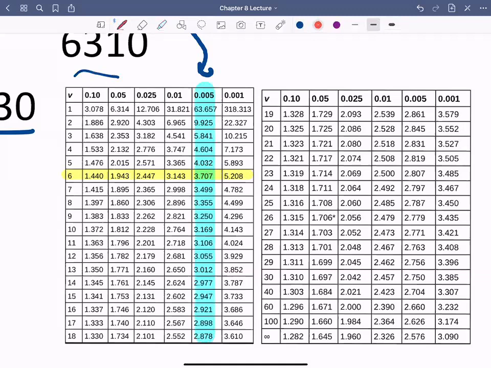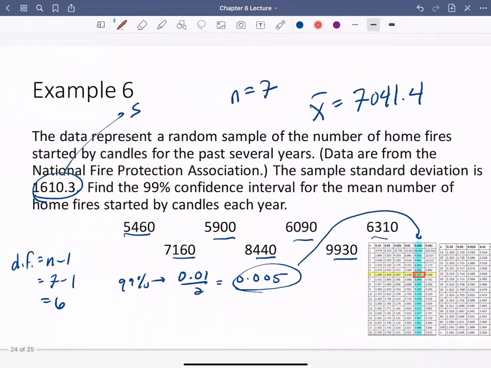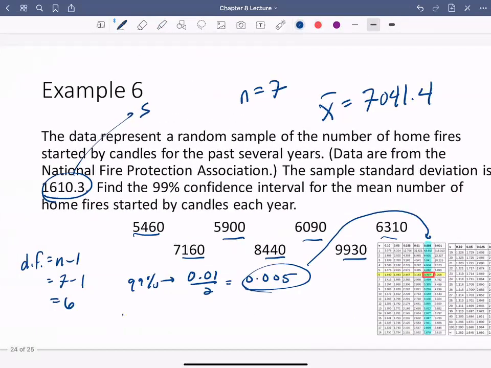So our t value is this 3.707. Here is our fourth value.